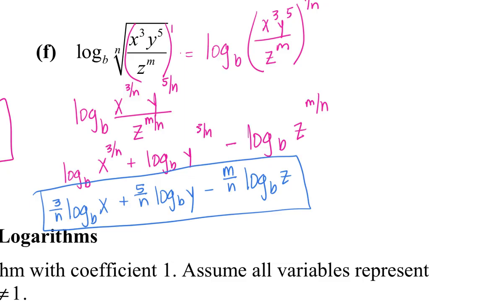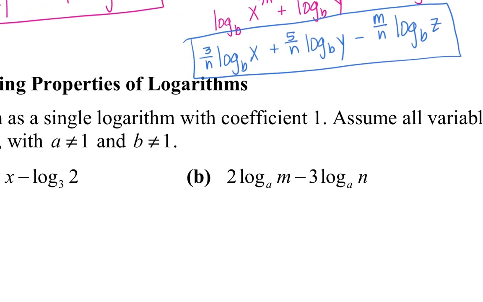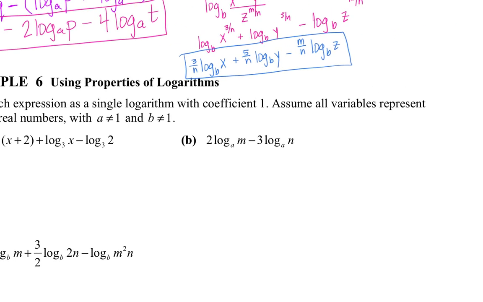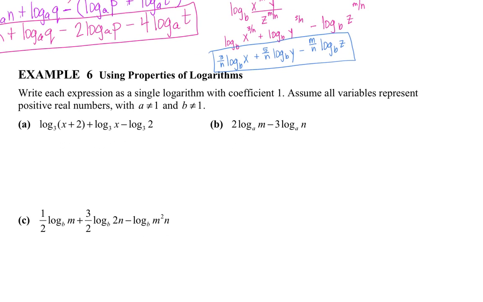All right. Now, this next one says, write each expression as a single log with coefficient 1. Assume all variables represent positive real numbers. A and B are not equal to 1. So these take a little bit longer. They wrote them expanded, and we're going to work them backwards.